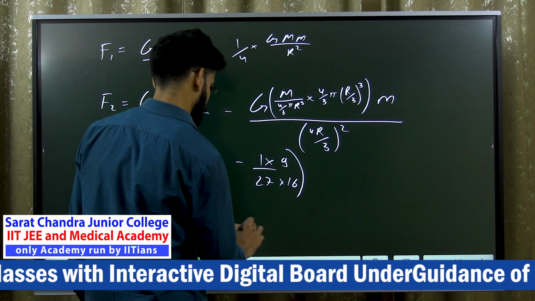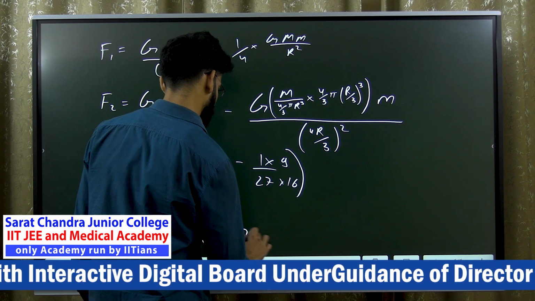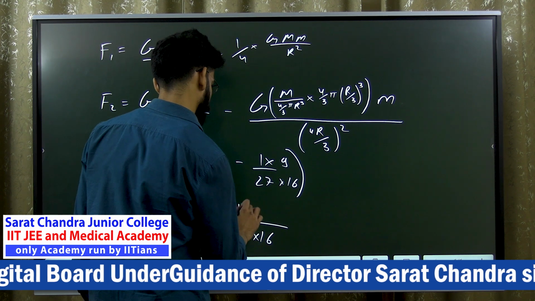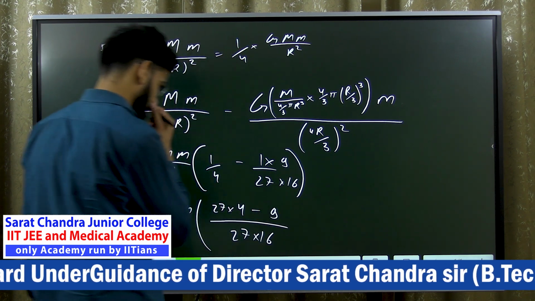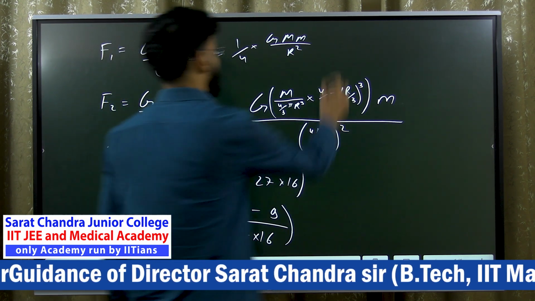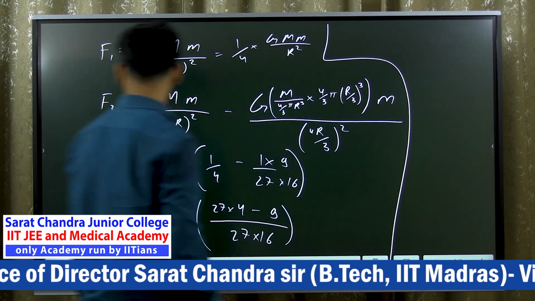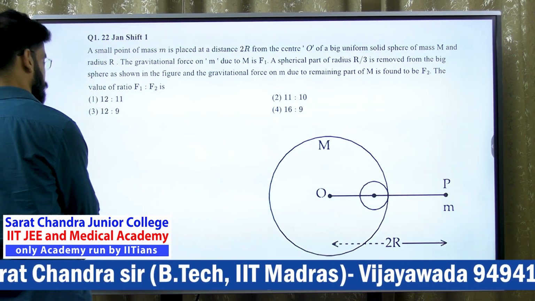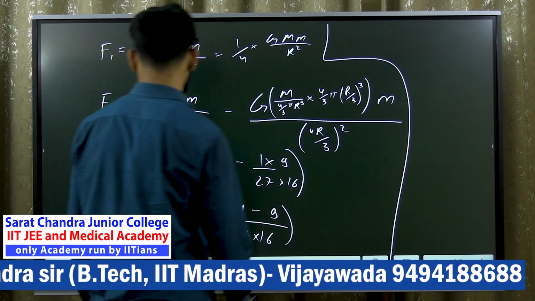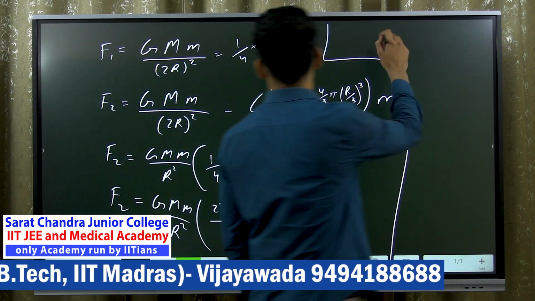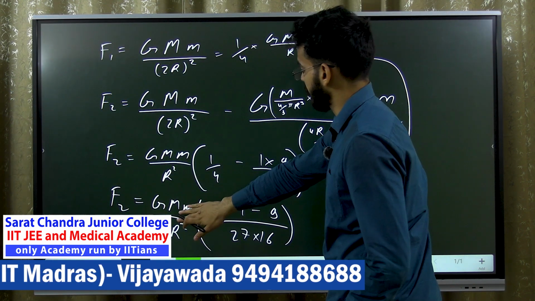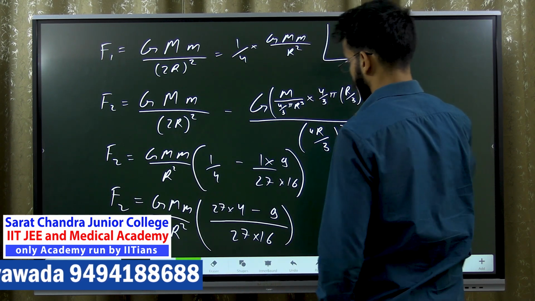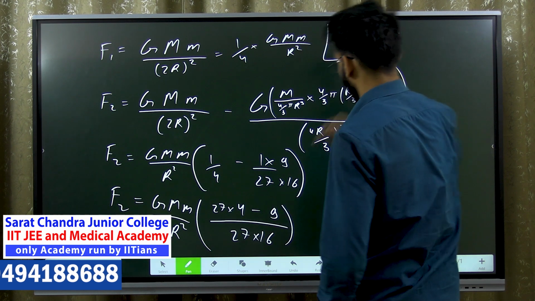See how. If you take LCM as 27 into 16, so you will get here 27 into 4 minus 9. Okay. And then after, if you divide, what he is asking, F1 is to F2. F1 by F2 he is asking. So this will get cancelled out and numerical only. So 1 by 4. Okay, and then divide by this, means this will come in denominator, this will go in numerator.